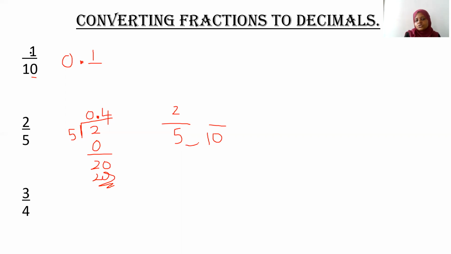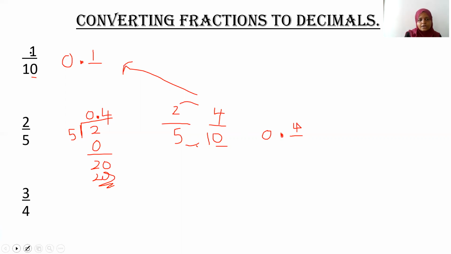So 5 times 2 is 10. We multiply the numerator also by 2, which makes 4. Now you have 4 over 10, to which you can apply the earlier method. After the decimal, there should be only one number because there is one 0, and that number will be 4. Since there are no numbers here, you add a 0 here. Simple. And the third one could also be done in the same way.